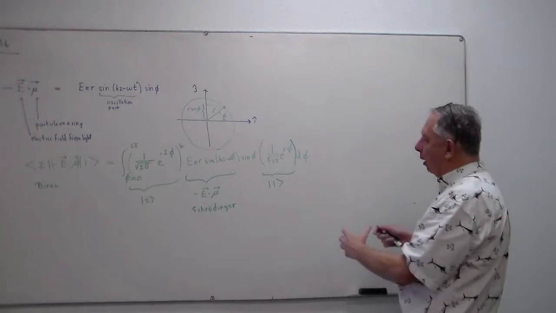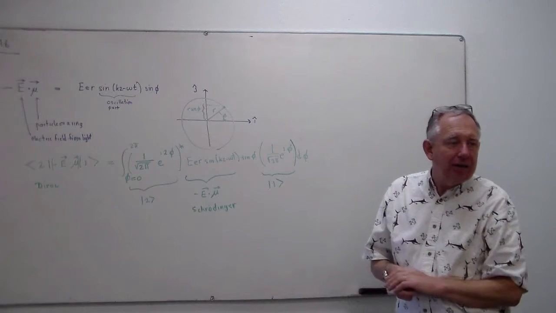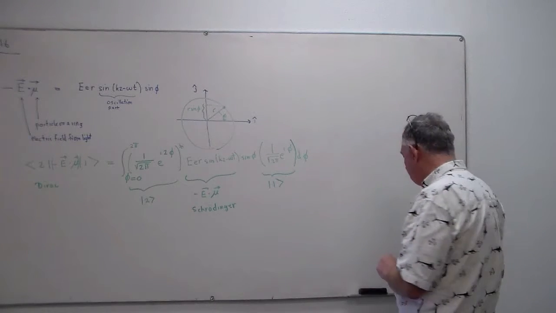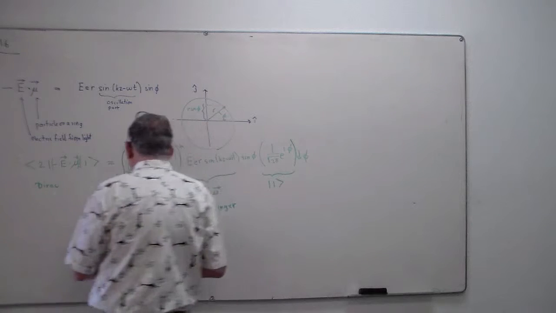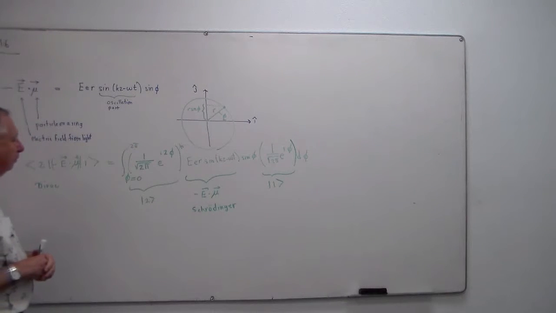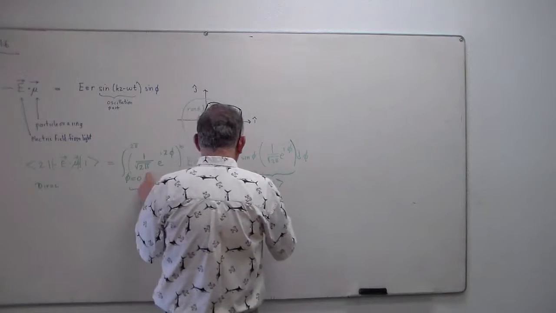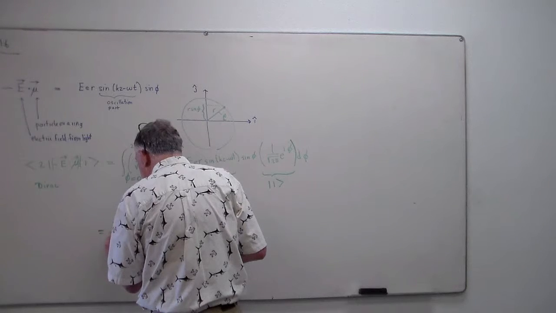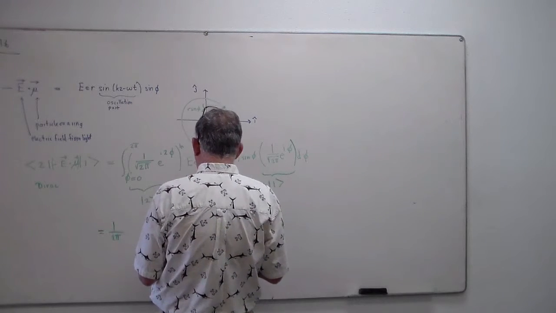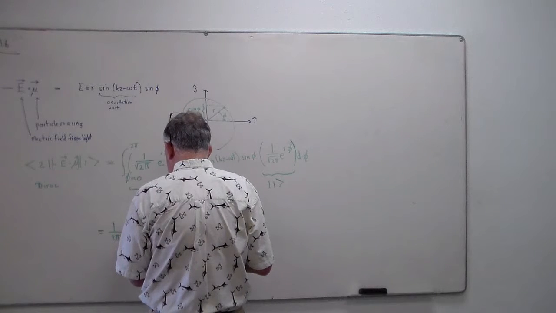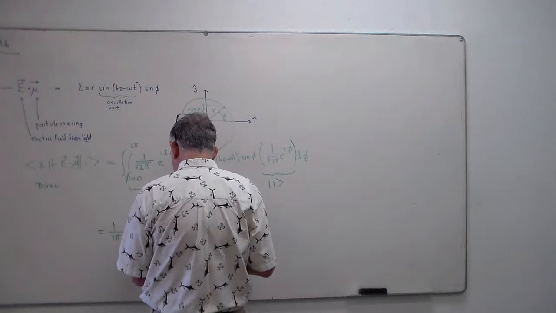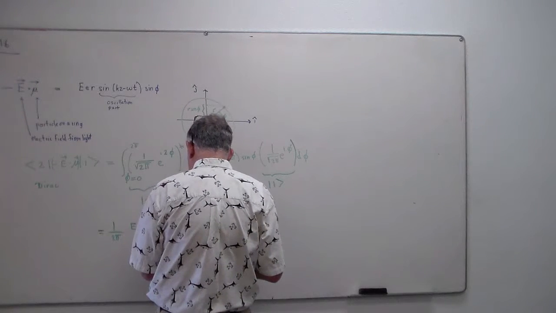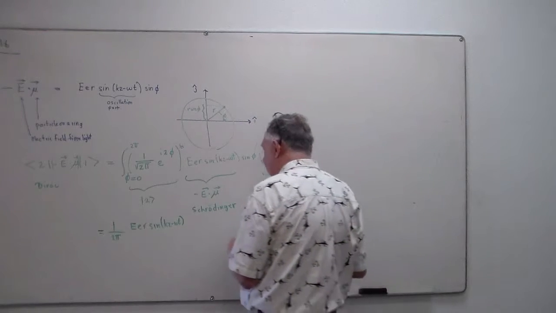And now I want to pull out of the integral everything that doesn't have the variable phi in it. So we've got square roots of 2 pi, so those can come out of the integral, right? That's 1 over 2 pi. And then big E, little e, r, sine kz minus omega t can come out, because there's no phi involved.